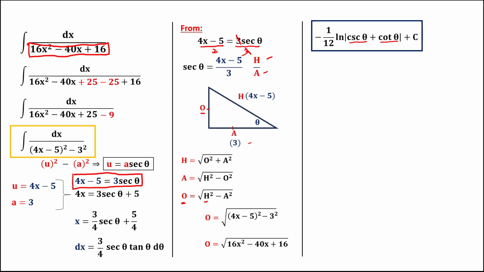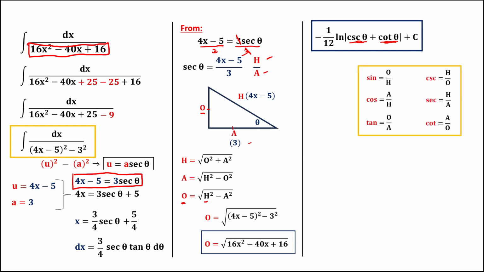Then from this, we can find now the value for this cosecant and cotangent using these trigonometric identities. So again, we're looking for the cosecant, and cosecant is equal to the hypotenuse over the opposite. So we have the hypotenuse, 4x minus 5, and the opposite, the square root of 16x squared minus 40x plus 16, plus for the cotangent, cotangent is equal to the adjacent, positive 3, over the opposite, the square root of 16x squared minus 40x plus 16.